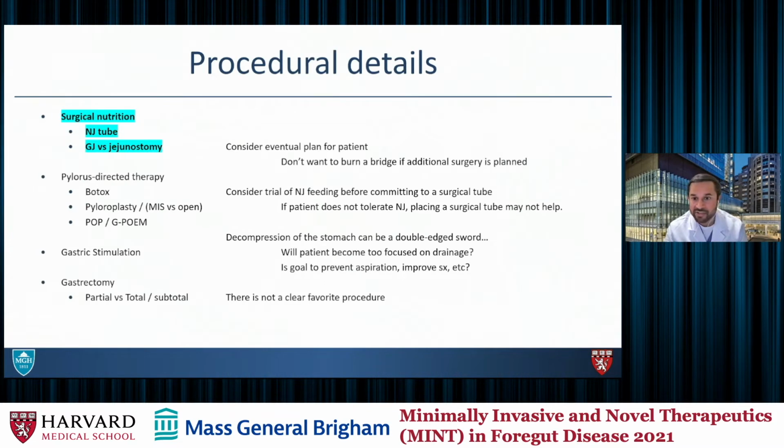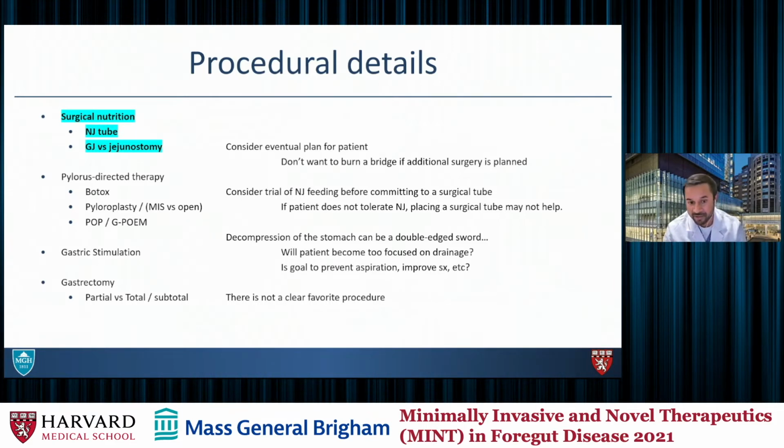So going into the procedure details, there are different options. The first one would be surgical nutrition. Before you can decide on putting any type of surgical tube in, you need to make sure they can tolerate enteral feeds. Oftentimes we do this with a nasojejunal tube or a Dobhoff tube, where we're basically feeding the distal duodenum or jejunum to see if they can tolerate any type of tube feeds.